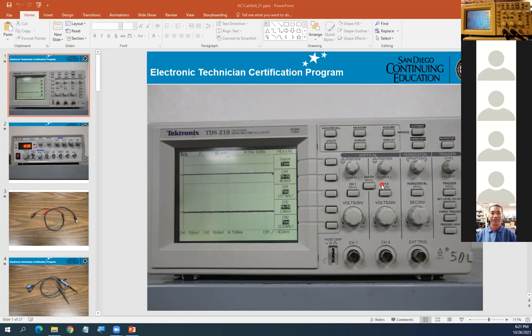So in order to get the frequency, you have to measure the period T, then use the formula F equals 1 over T to get the frequency. That's a trick question, Mr. Pham. Exactly.